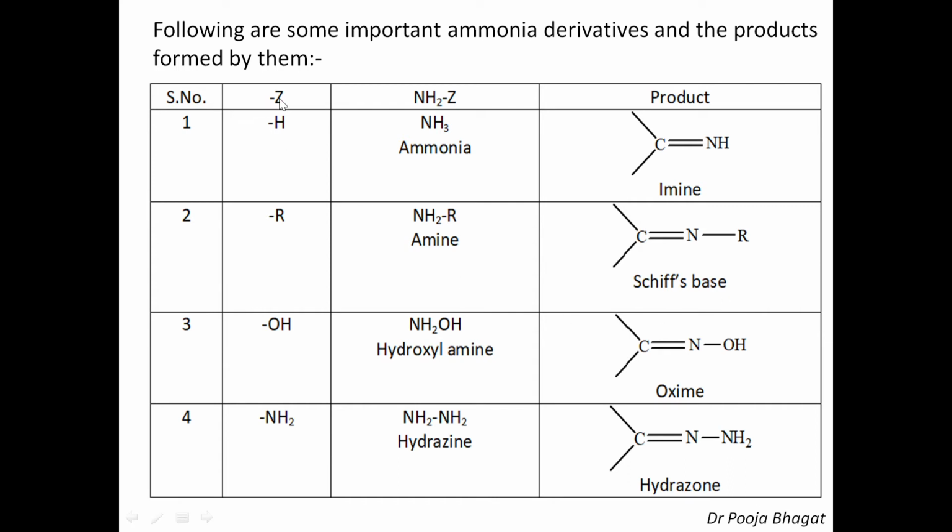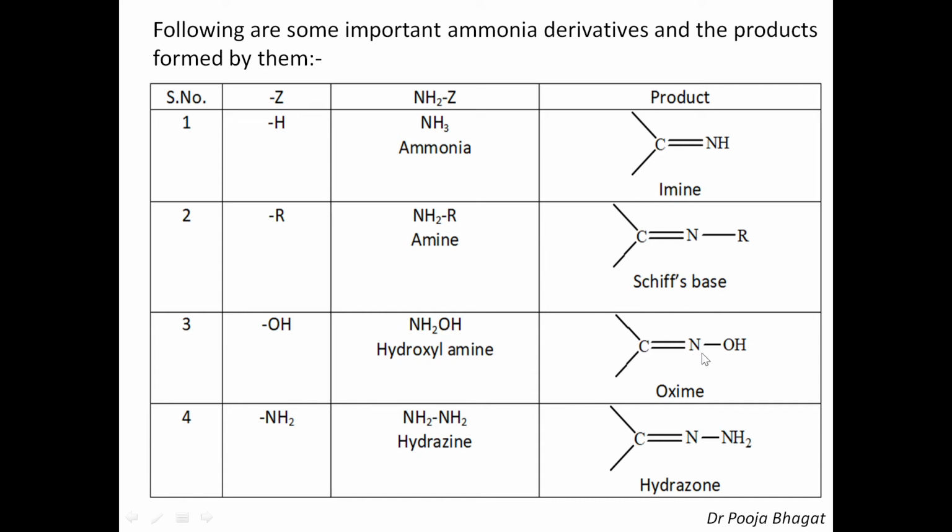Okay. Now, if this Z is OH, the third one, then what is the reagent? NH2OH. NH2OH means this is hydroxyl, this is amine, so this is hydroxylamine. And what will be the product? Two hydrogens from here go out. So C double bond NOH.